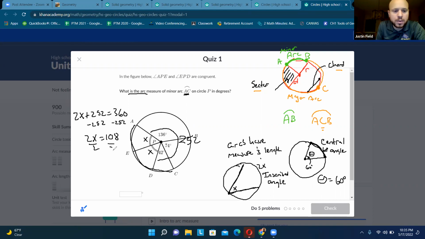Divide by 2, divide by 2. X equals 54. And so what is the measure of AC? Actually, we could just, so we know this is 108 and then the 42, right?